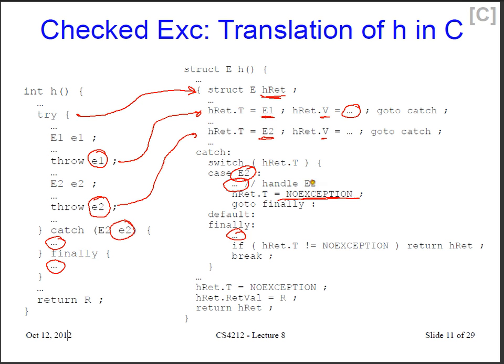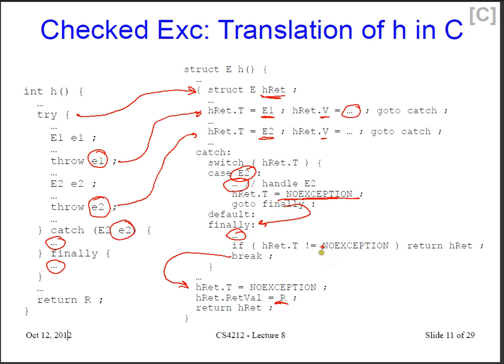If we have come from handling it here, then the type will be equal to no exception. So we can go to break, come out, and return HRET. We are setting the return value to be the R, the expression R that we would normally return, and we return HRET as a valid return value.